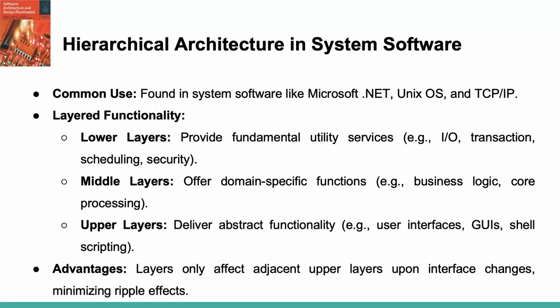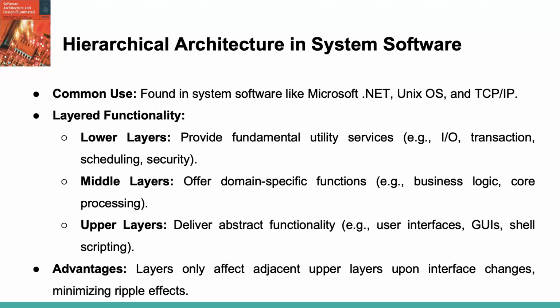Unix operating system: layers here provide a structured approach to resource management, user interfaces, and process control. TCP/IP protocol stack: each layer in TCP/IP has a unique function, from basic data transport to application-level protocols like HTTP. These examples highlight how hierarchical layering helps these systems maintain efficiency, reliability, and ease of maintenance.